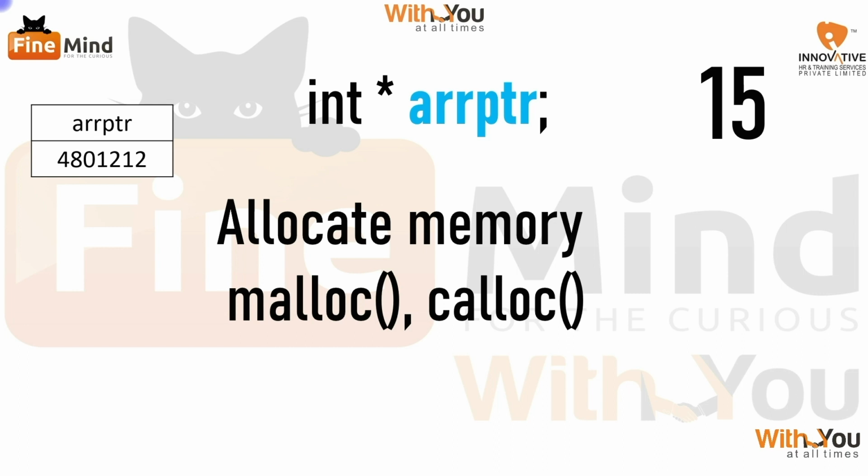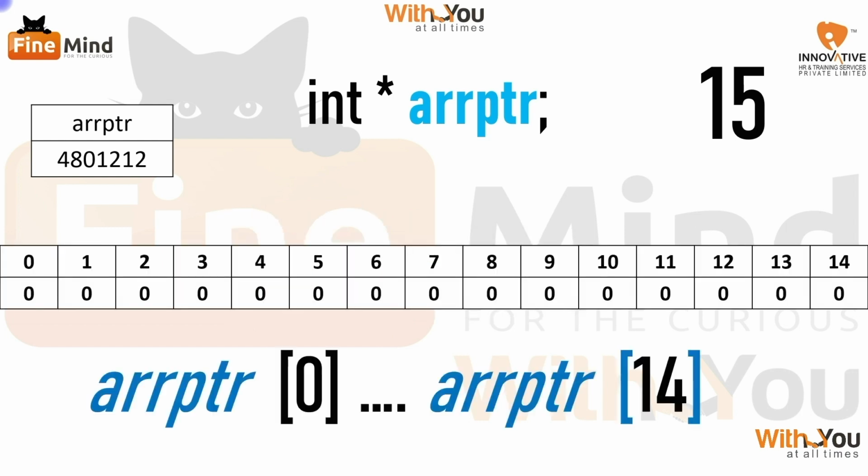Cool. Perfect. So what happens in the memory now? This happens. You can see there is one additional box, that is all. Other than that, there is no difference at all. How would you refer to ARRPTR of 0 using the square bracket operator? And the end is ARRPTR 14.